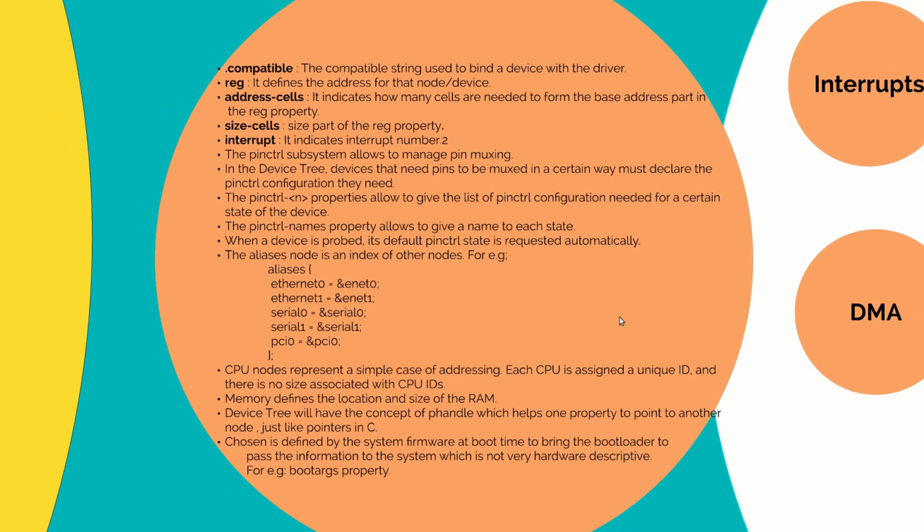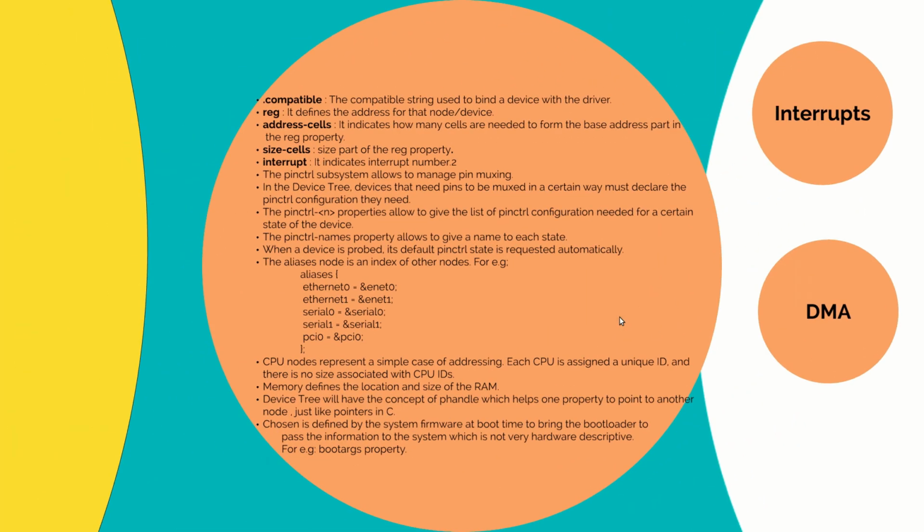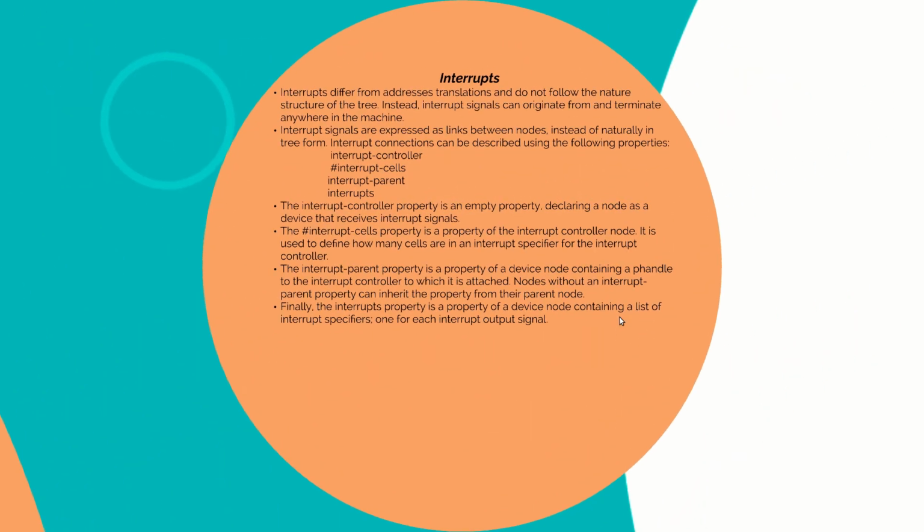As I was explaining the interrupt stuff, if your device is capable of handling interrupts, you can use that. It differs from address translations and does not follow the natural structure of the tree; instead, interrupt signals can originate from and terminate anywhere in the machine.